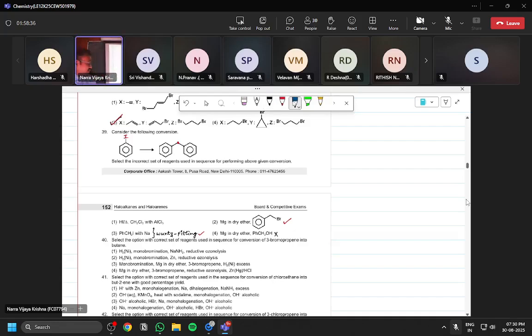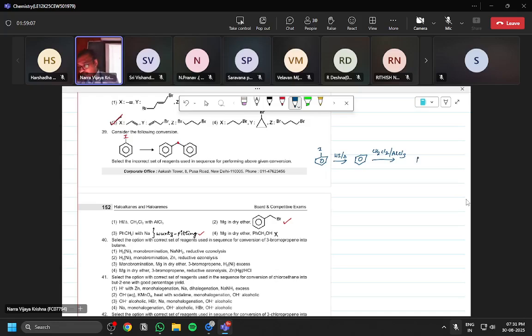Observe this, sir. First case, when this is heated with HI, what happens first? You will get benzene. Benzene is allowed to react with CH2Cl2 in presence of AlCl3. First AlCl3 will take Cl minus from here. Then you will get CH2Cl plus. That will go and attack the benzene ring.